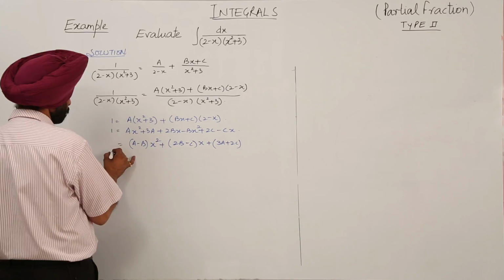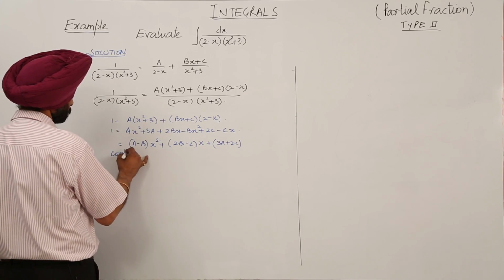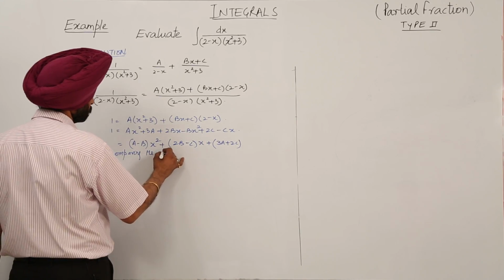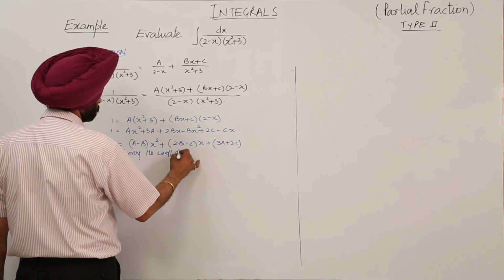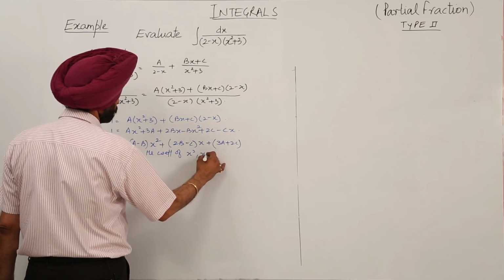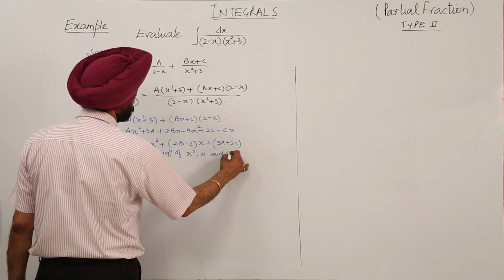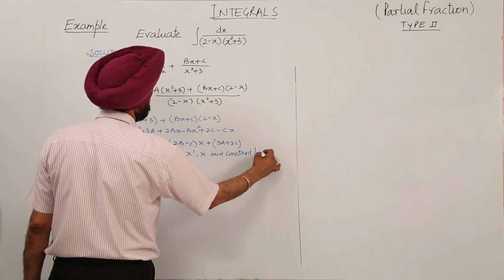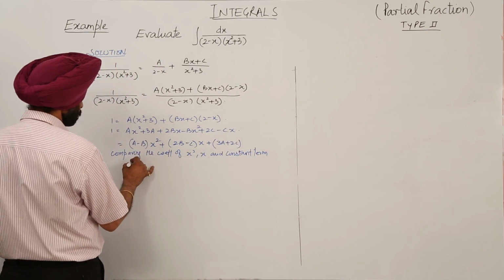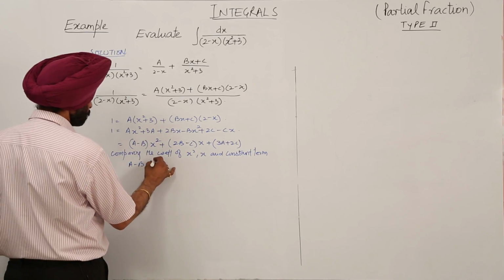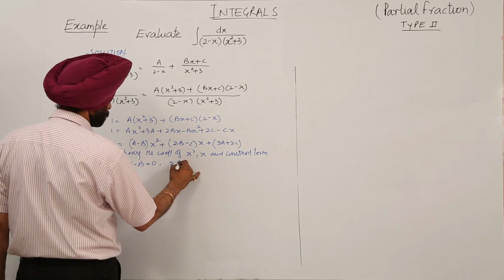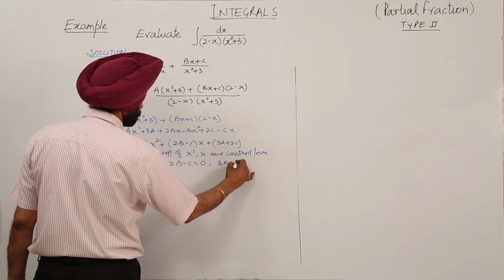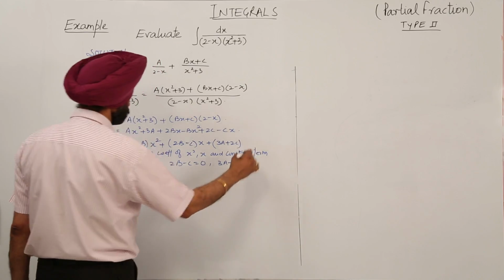Now comparing the coefficients of x square, x and constant term. Now what we are getting, a minus b is equal to 0, 2b minus c is equal to 0 and 3a plus 2c is equal to 1.